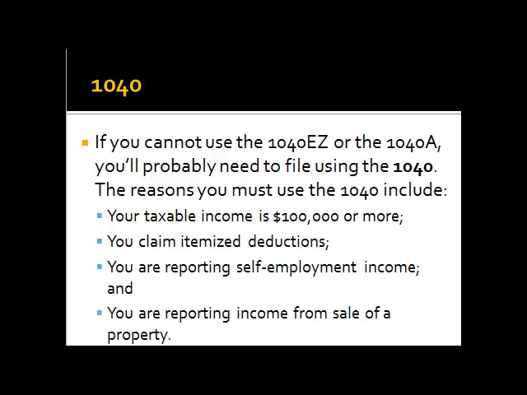If you cannot use the 1040-EZ or the 1040-A, you'll probably need to file the 1040. The reasons you must use the 1040 include your taxable income is $100,000 or more, you claim itemized deductions, you are reporting self-employment income, and you are reporting income from a sale of a property.